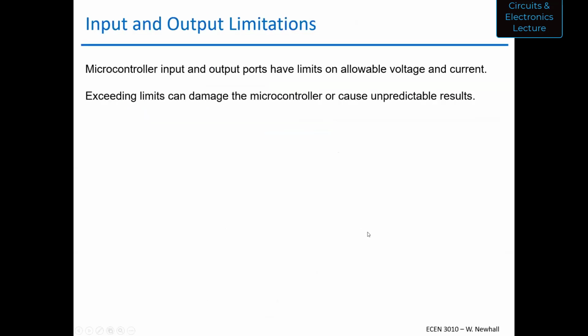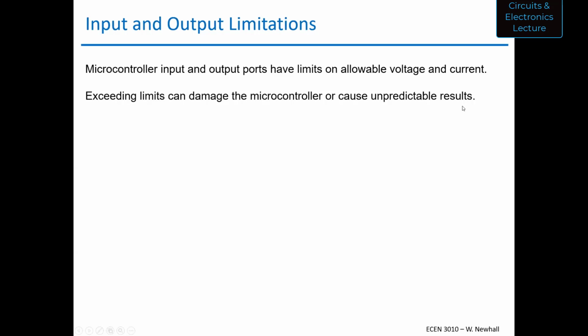So when it comes to digital ports, microcontrollers have their inputs and their output ports have limits on the allowable voltage and current. And so exceeding these limits can damage the microcontroller or cause unpredictable results.